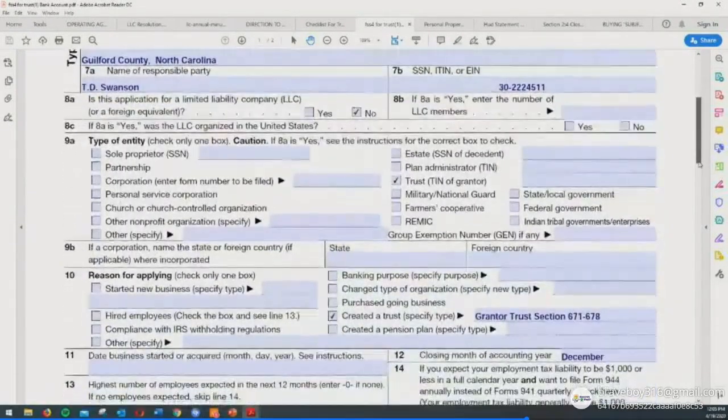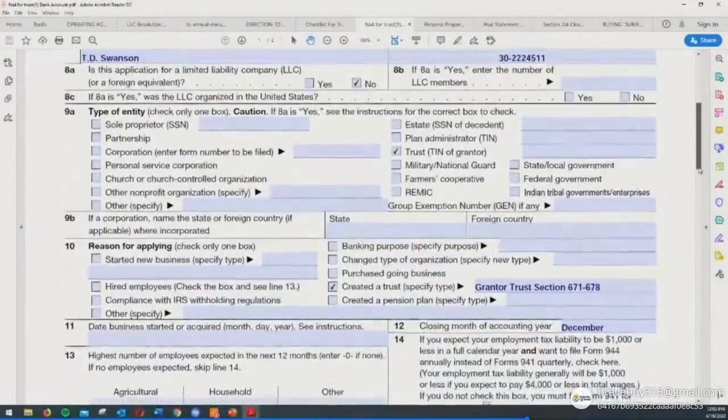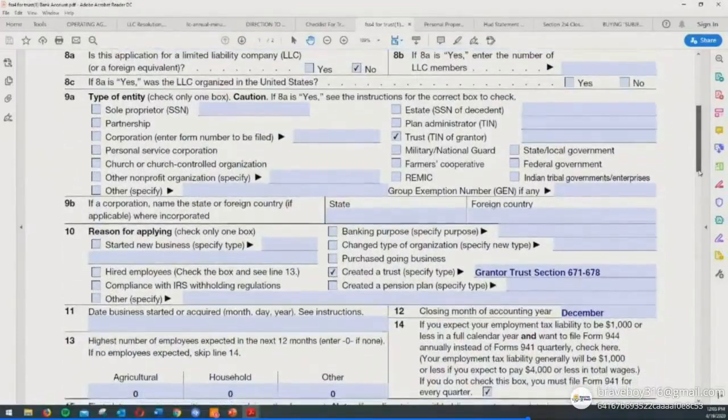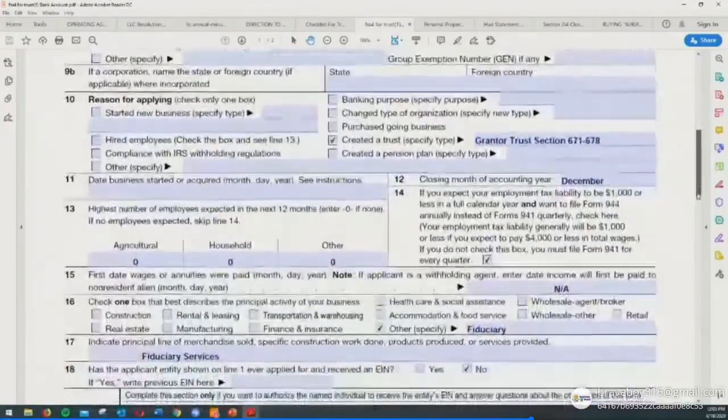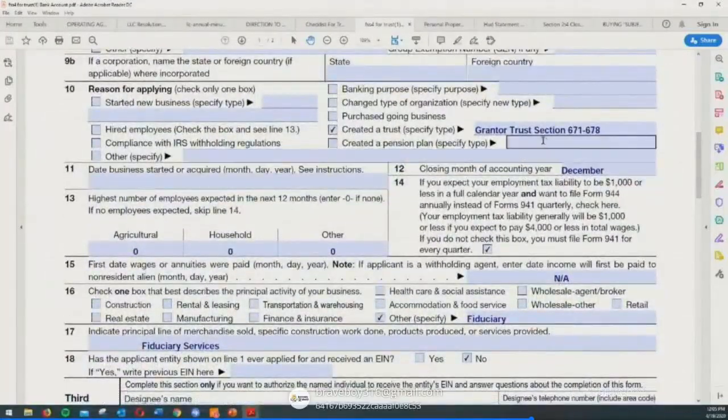All right, so if we go down, rest of what you're going to complete here, it says type of entity you're forming. You're forming a trust in 9A. You're going to go down to box 10, reason for applying. A grantor trust, you created the trust, which happens to be a trust bank account.